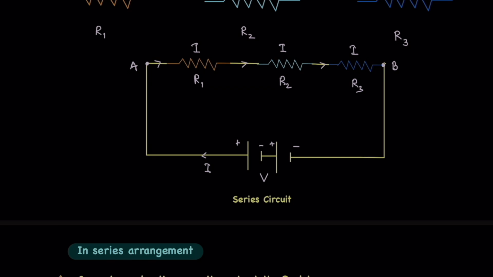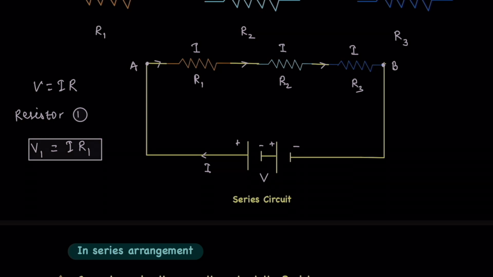And here in series, current remains the same. So for the first resistor, we know that current is the same and resistance is R1. So when you multiply, we will get the voltage V1. This voltage V1 is different from the total voltage.